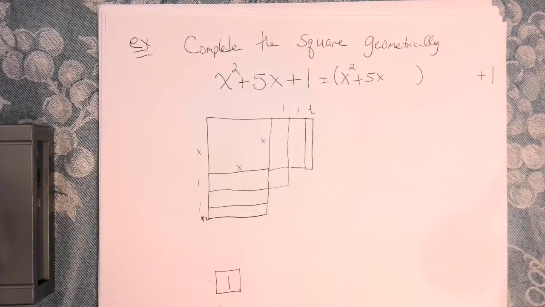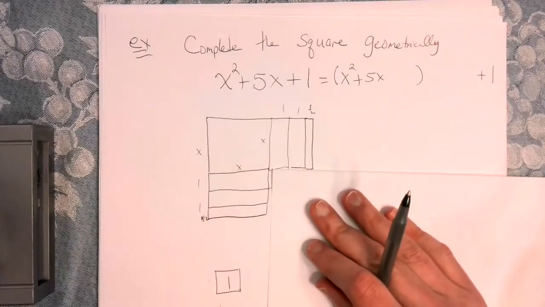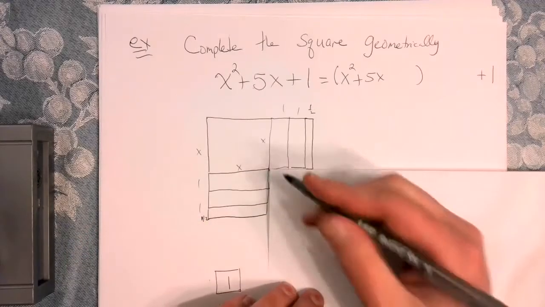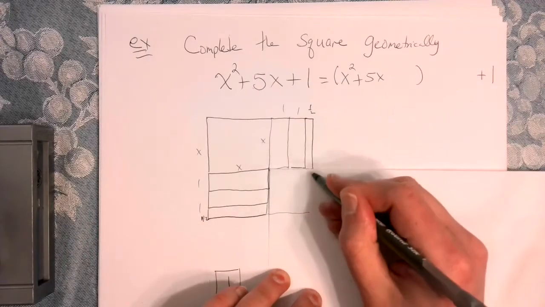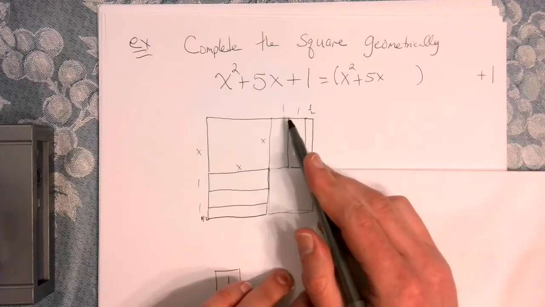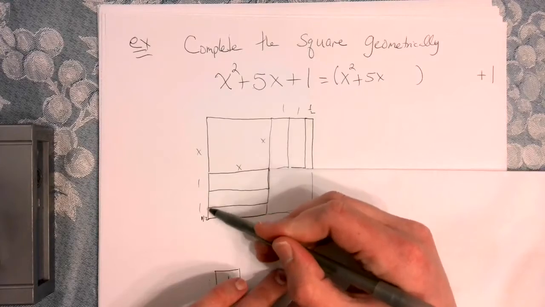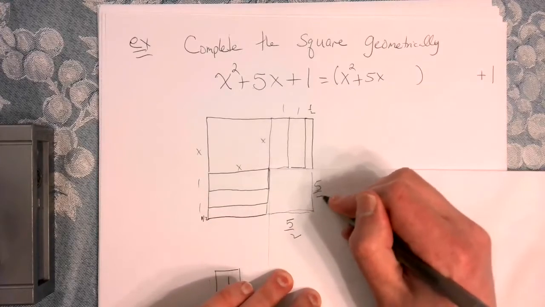If I slide it over there, you can almost imagine that what's left over is a blank spot where that square should be. So the question is, what needs to go in here to complete out this square? Well, it should be 2.5 or 5 halves by 5 halves.